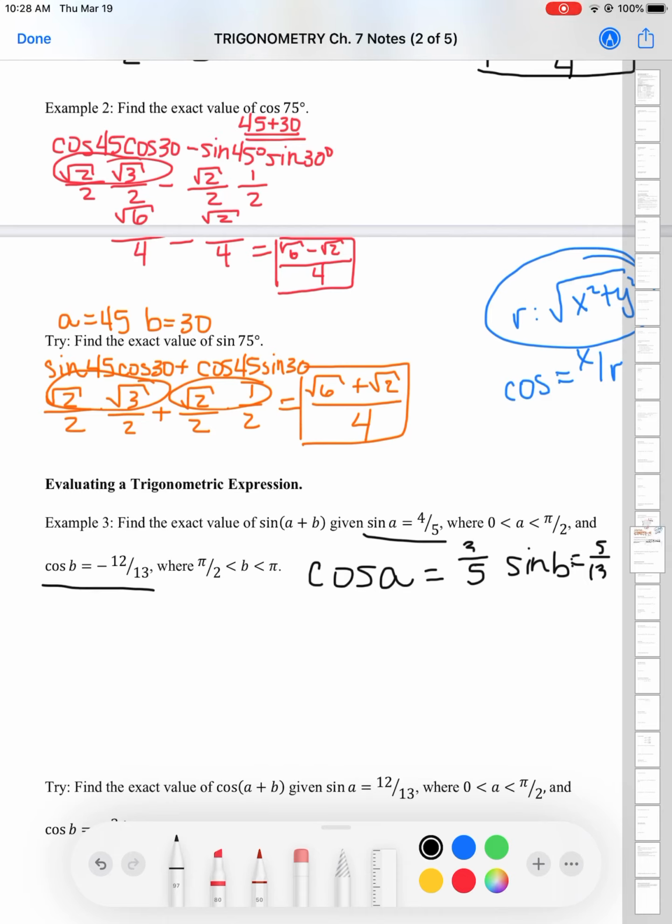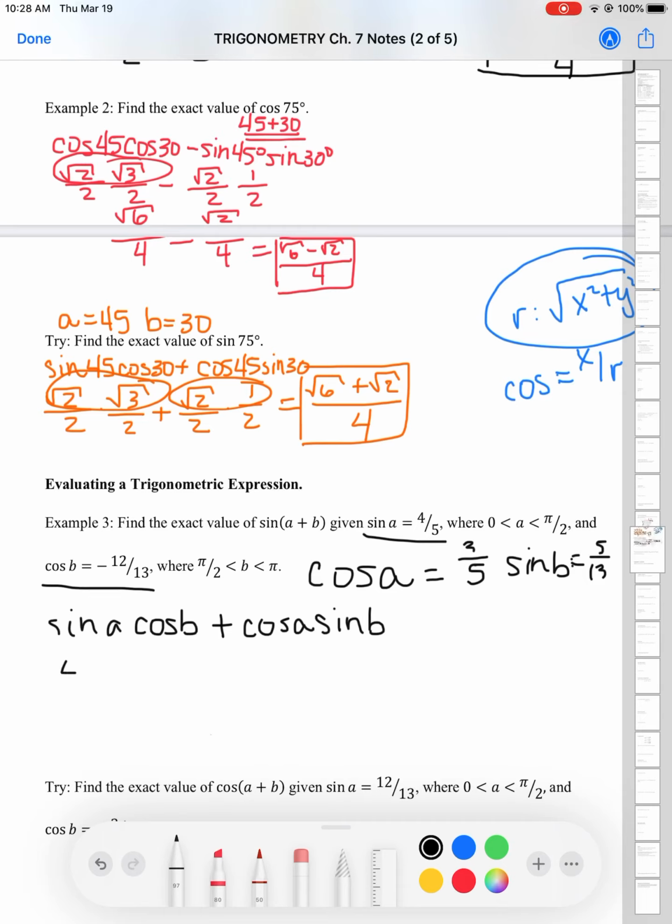Remember, we're using sine A cosine B plus cosine A sine B. So now all we have to do is just plug all of this in.